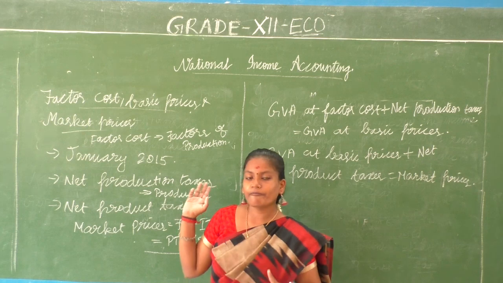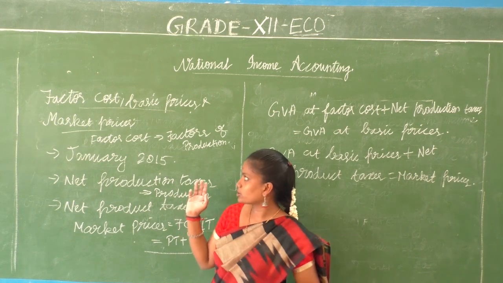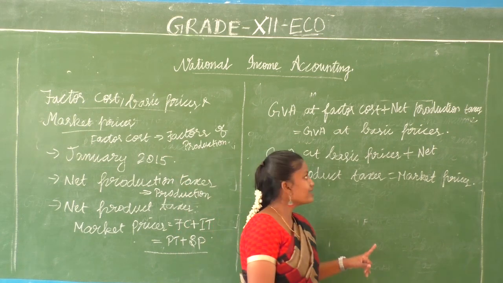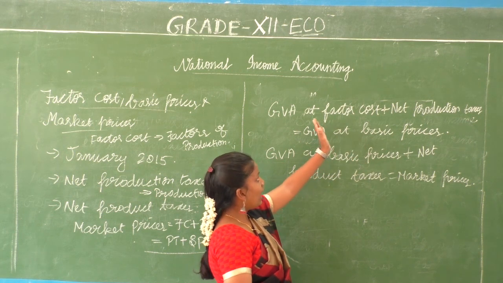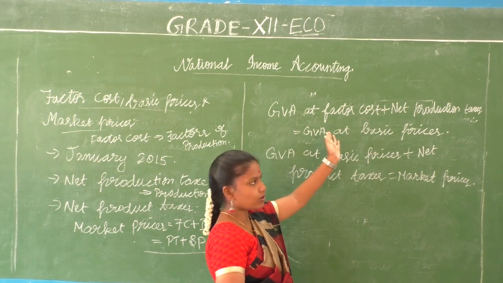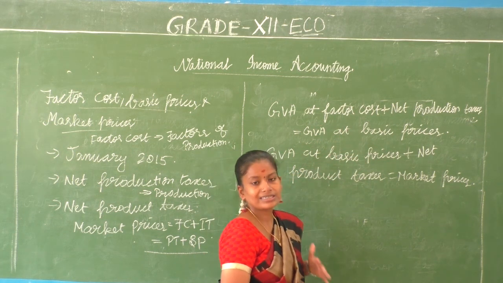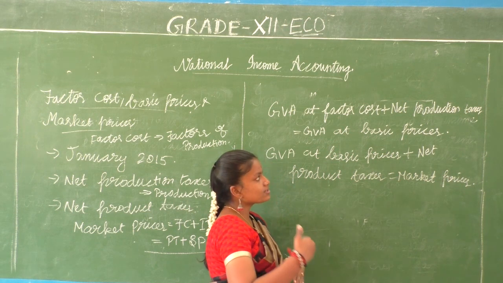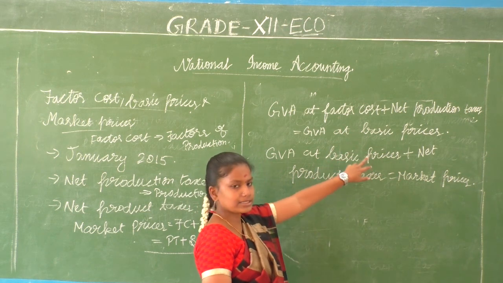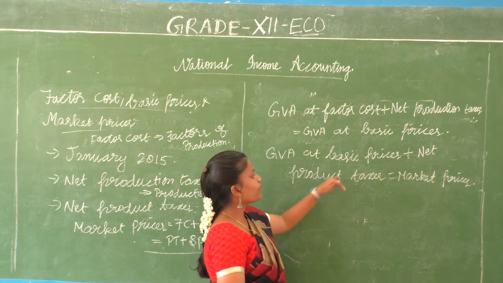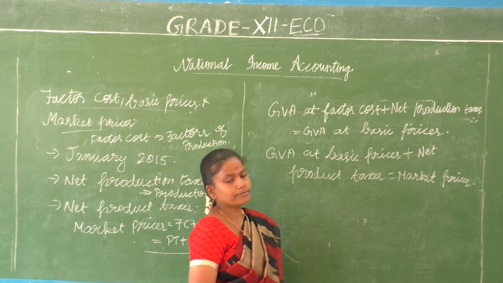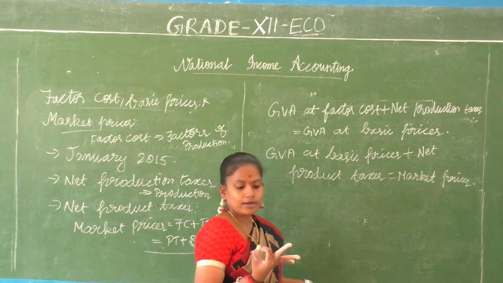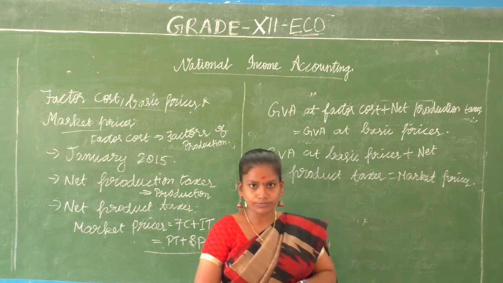Factor cost is what is paid for factors of production. Basic prices are found by adding factor cost with the net production taxes. When you add basic price with net product taxes, you get the market price. Those are the three terms that we have discussed now.